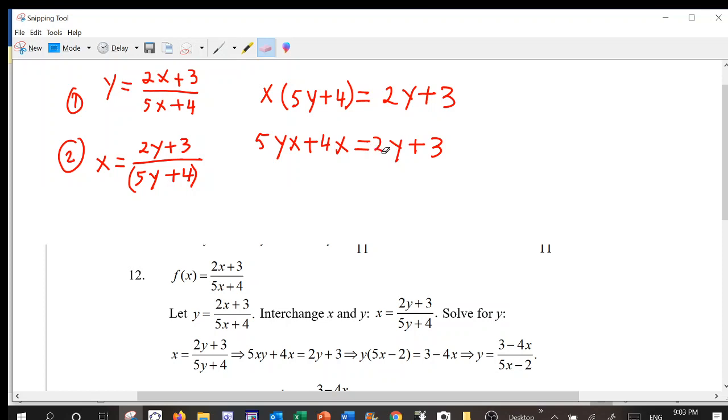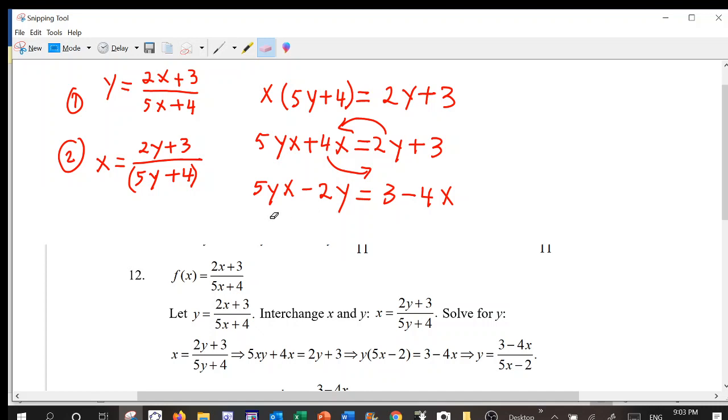Okay, so I have a y here and I have a y here. I have to put them on the same side. I'm going to do 5yx minus 2y. I'm going to move this to this side and change its sign. Then I'm going to move this to the other side. So I have a 3 already on this side, and then minus 4x.